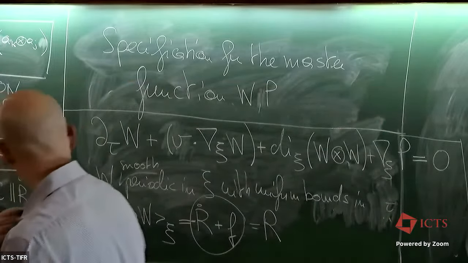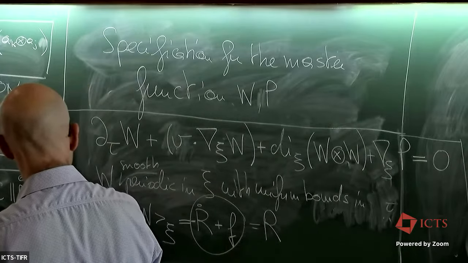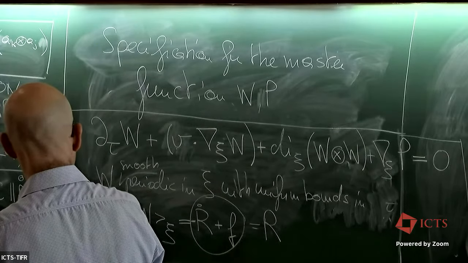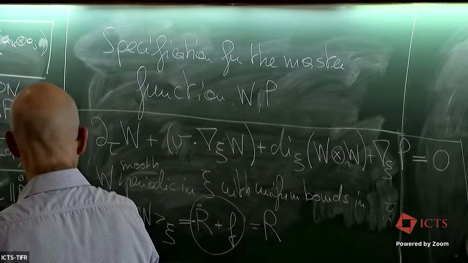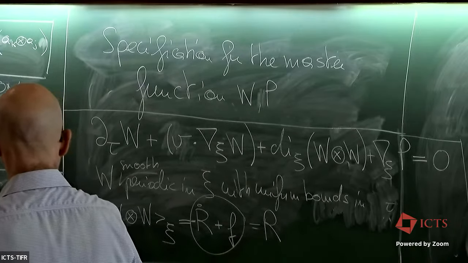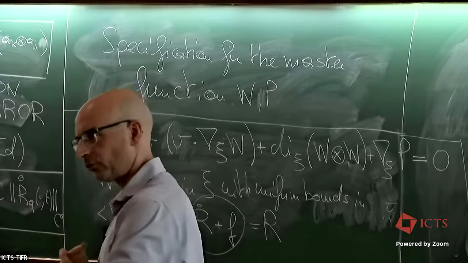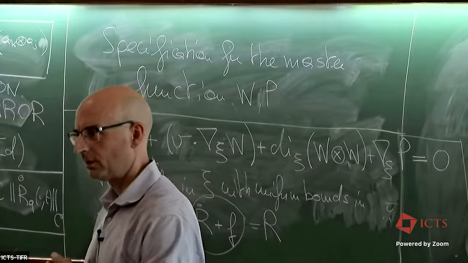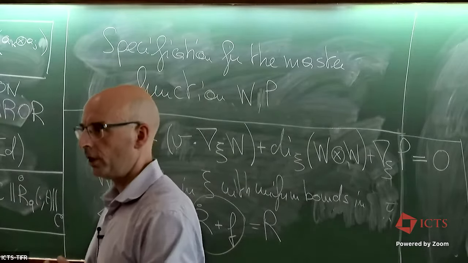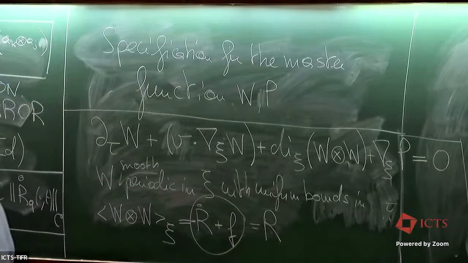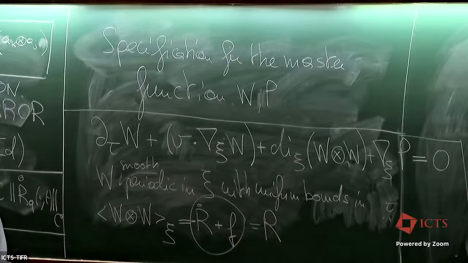Since W tensor W is not trace-free, of course, but if I demand that the trace-free part of W tensor W is equal to minus R circle, then you sweep everything into the pressure. Yes. It's equivalent. You could do that, yes. Not completely equivalent, meaning that then I actually have to go and compute the pressure with a different formula. Sure. But yeah, you could do that, yes. That's a pretty good point.